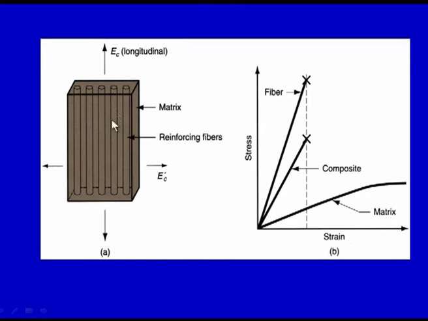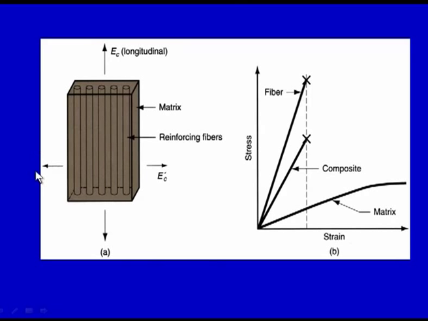So we have fibers in this particular direction only and we have matrix which is encapsulating these fibers. So we have this modulus of elasticity in longitudinal direction and in the transverse direction also.